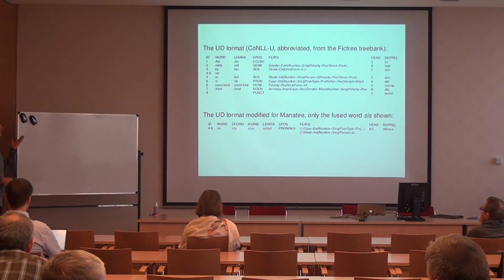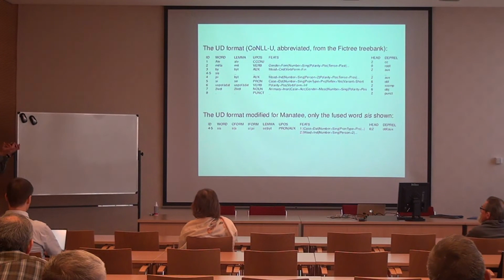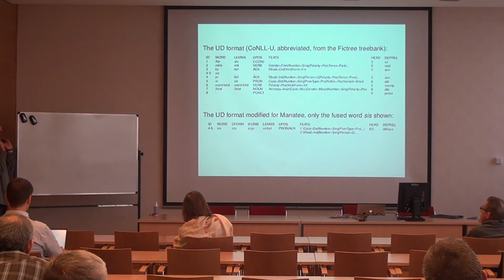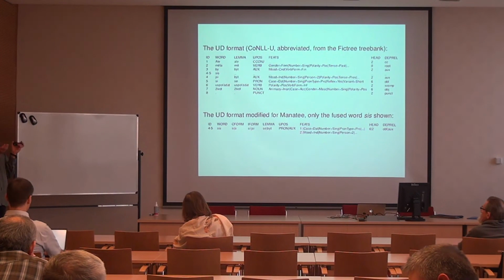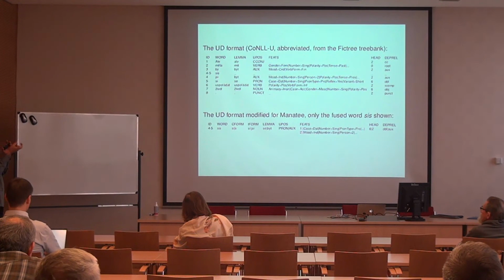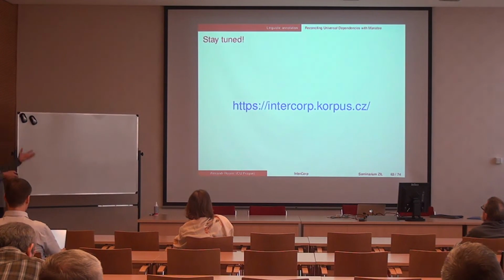So this is the way to preserve how at least Czech corpus users are used to seeing the concordance and still encode the syntactic structure and syntactic tokenization, syntactic tokens, syntactic words within the format of Malati. So this is the link.